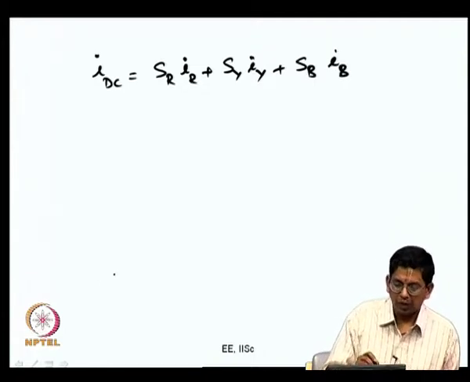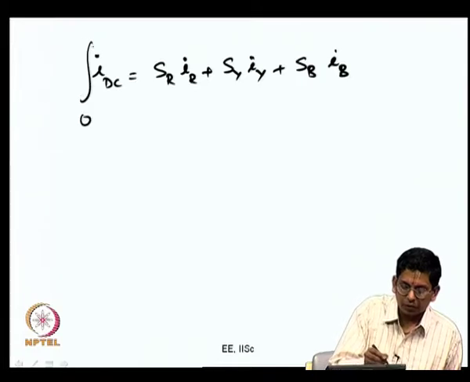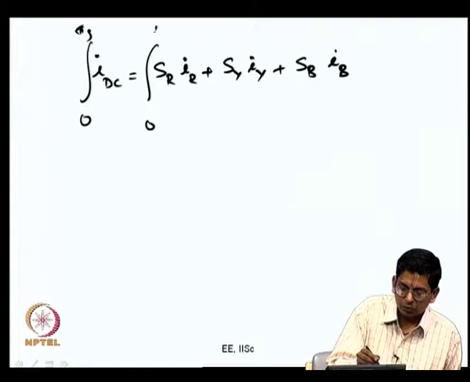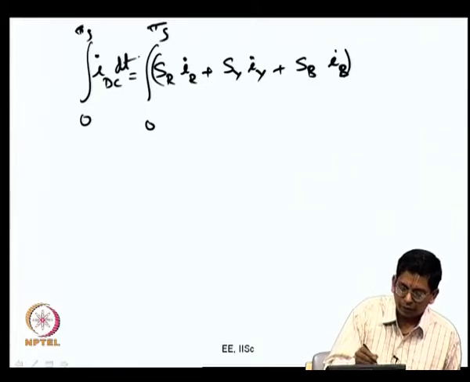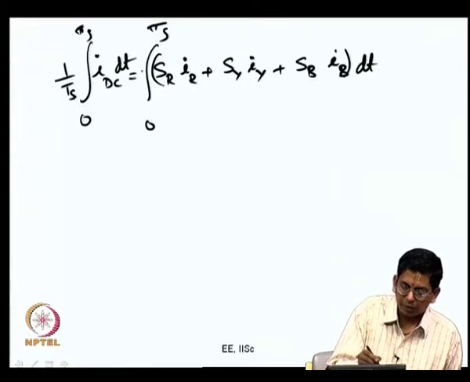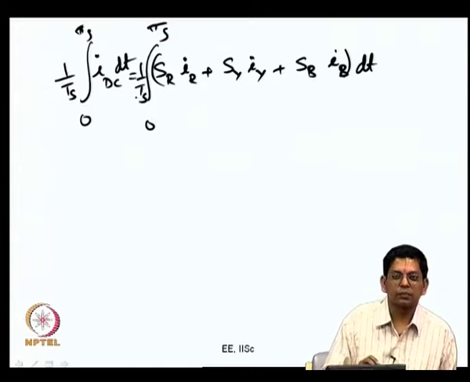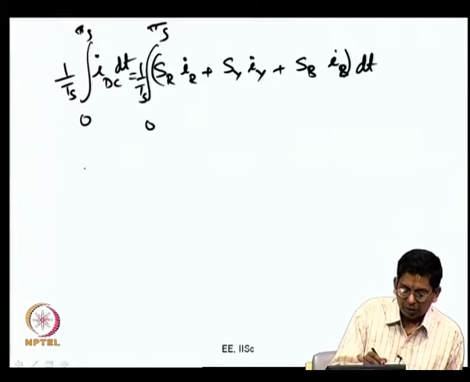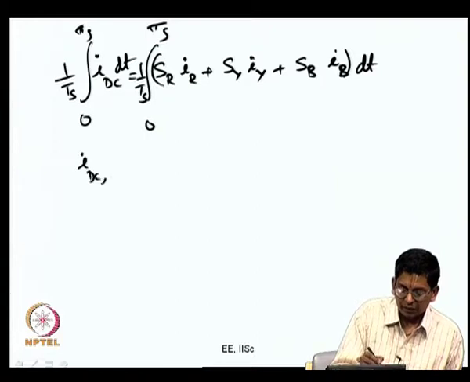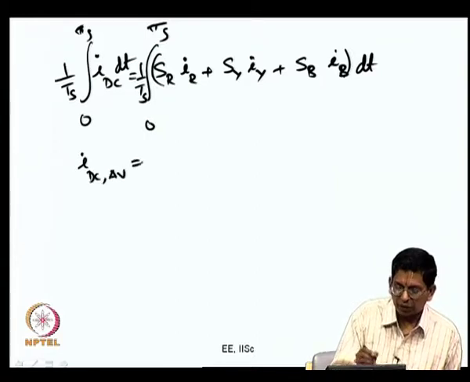Now, both sides can be integrated from 0 to Ts with respect to t, and you can divide by Ts on both the sides. So, when you do that, what do you get? This is nothing but IDC average, and what is that equal to?